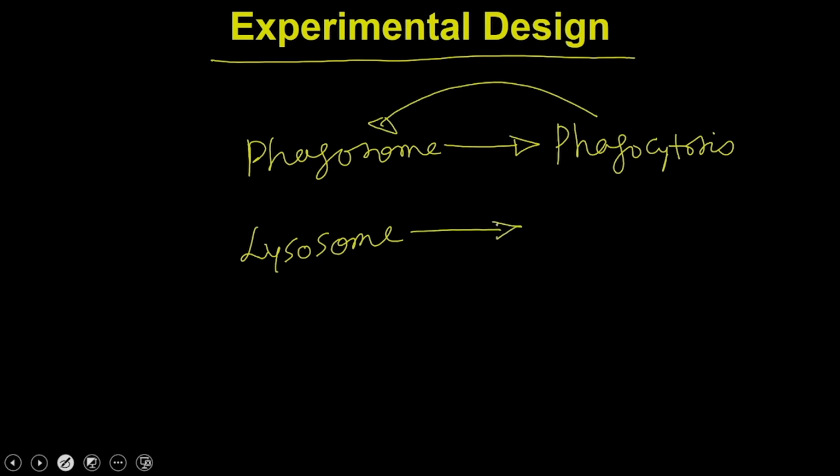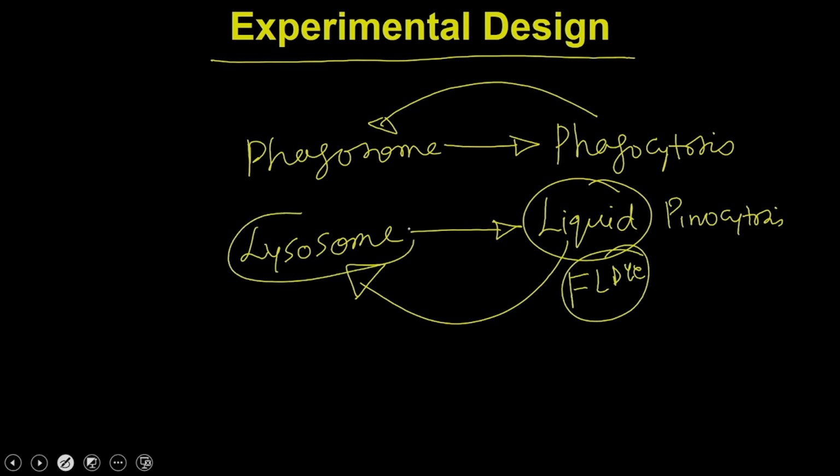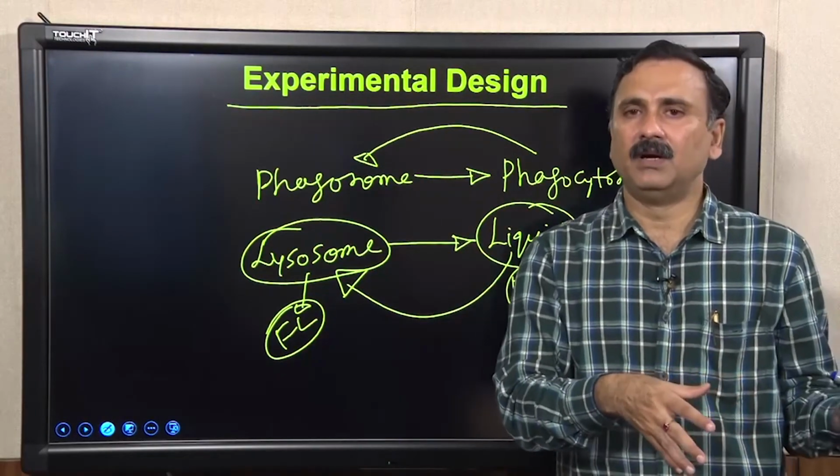How can you generate the lysosomes? You can ask a cell to drink some liquid. For example, you can go with the process of pinocytosis, and whatever liquid you give will enter into the lysosome. So, if I take a fluorescent dye and add that dye to the cell culture media, the lysosomes that are formed will be fluorescently labeled, because the liquid we are taking up is going to be filled into the lysosomes.